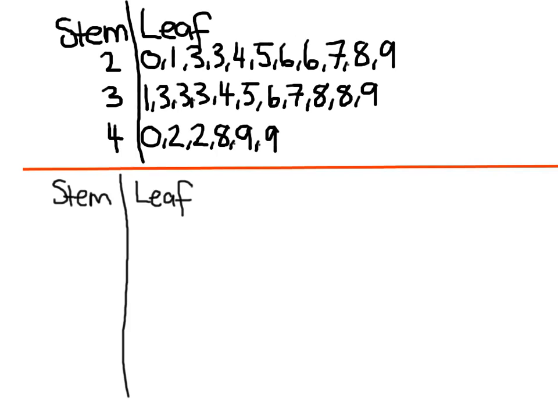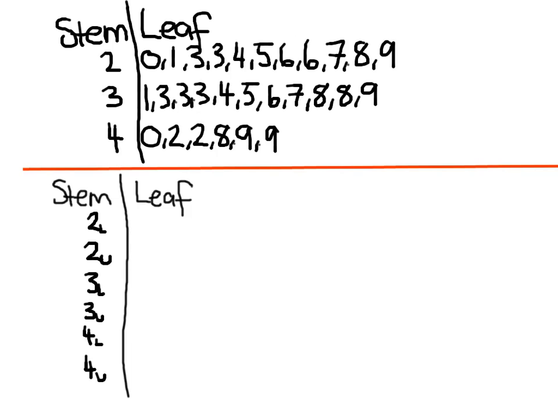So to separate each of those stems into lower and upper groups, you write them like this. So we'd write 2 with a little L for lower, and 2 with a little U for upper. So now we have a lower 20 group and an upper 20 group. And you do the same for the 30s and the 40s.